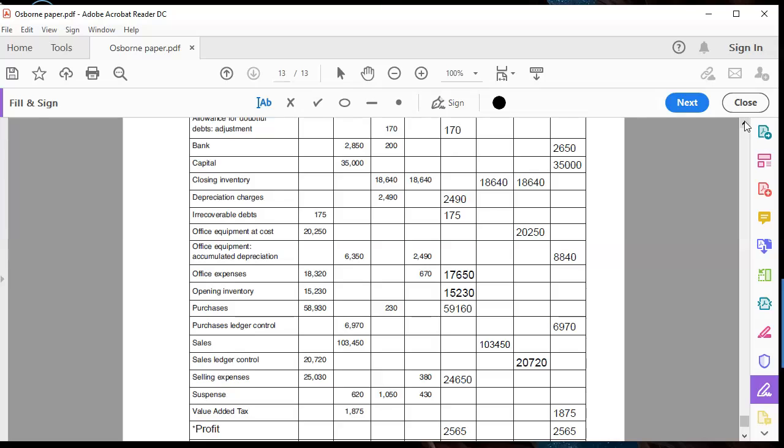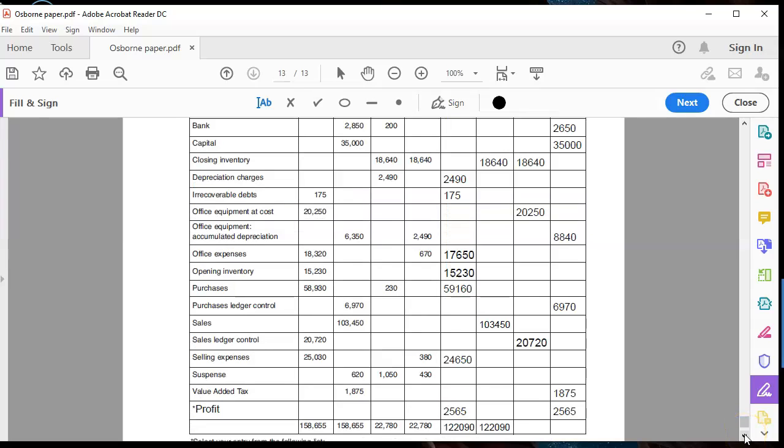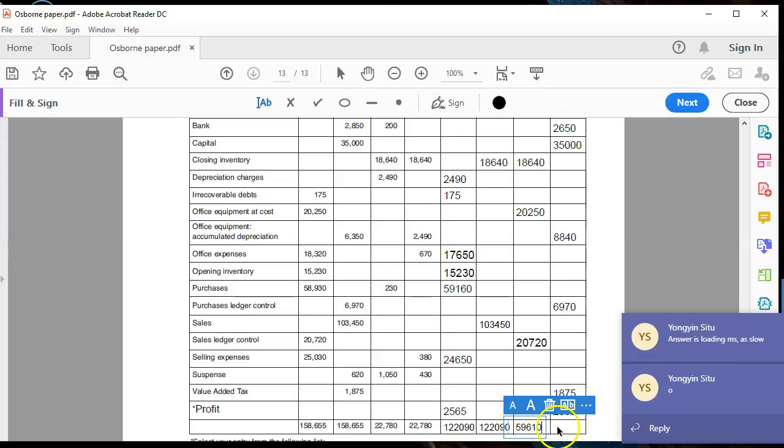Let's check the totals now. I will have to decrease the question again, I think. Okay, first let's do the debit side. The total. So we have 18,640 plus 20,250 plus 20,720, which is 59,610. So I got 59,610.